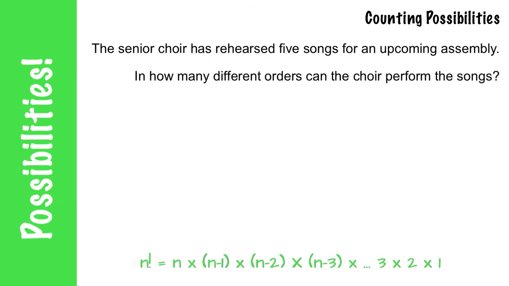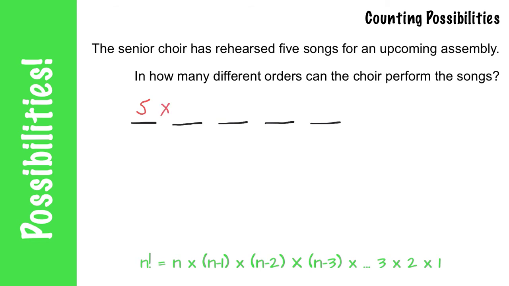Counting possibilities. Now let's put this into practice. The senior choir has rehearsed 5 songs for an upcoming assembly, and how many different orders can the choir perform the songs? So you've got 5 songs. I like to use little lines here to indicate the different choices. The first song that the choir sings, the choir would have 5 possibilities to choose from.